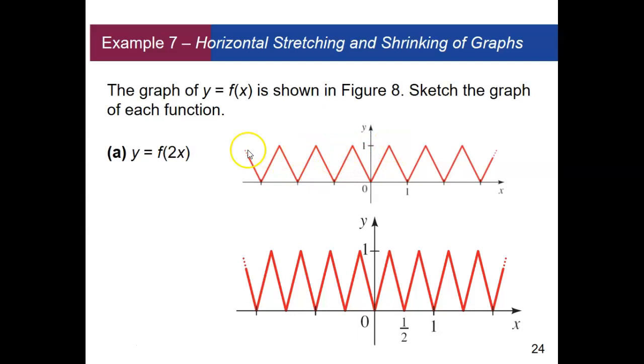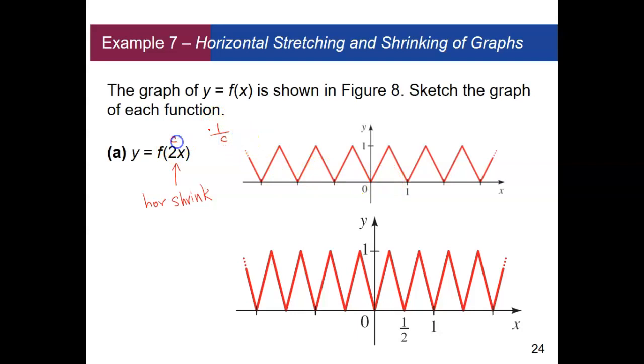So if you look at this first transformation that we have here, we've got a 2 that's inside of this. Because this is greater than 1, this is going to be a horizontal shrink. It's going to move each one of these points in, and the factor is 1/c.